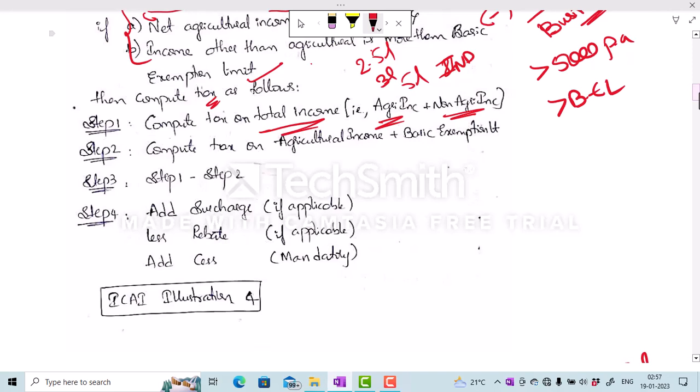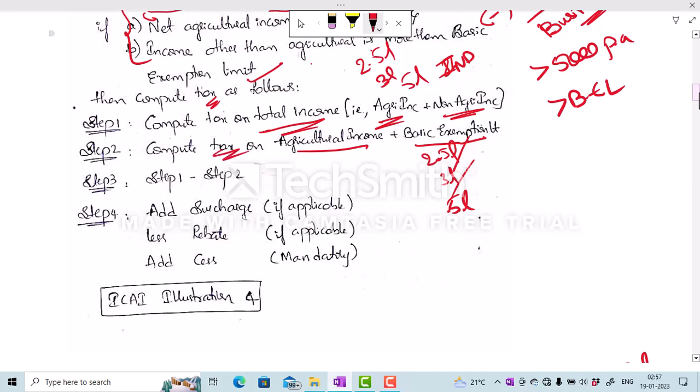Then add agriculture income to basic exemption limit, that is in some cases 2.5 lakhs, 3 lakhs, 5 lakhs, based upon the age, and find tax on that income.